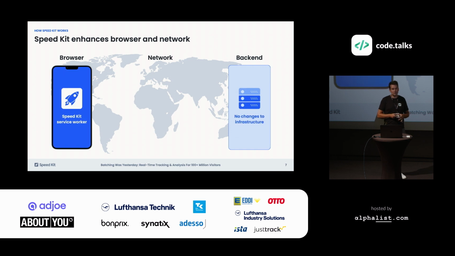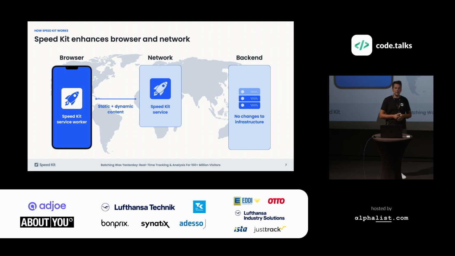In order to do that, the architecture looks like this: we have a service worker, a client-side JavaScript that lives inside the browser, and each time you do a request, you pass that request through the service worker like a client-side proxy, and you decide from where to load the data through that mechanism.